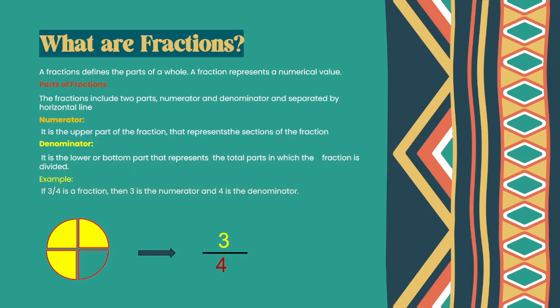In this circle 4 equal parts are made, so 4 is written below the horizontal line. Now write the names: the number 3 above the horizontal line is called the numerator. Below the horizontal line, that is 4, is read as the denominator.